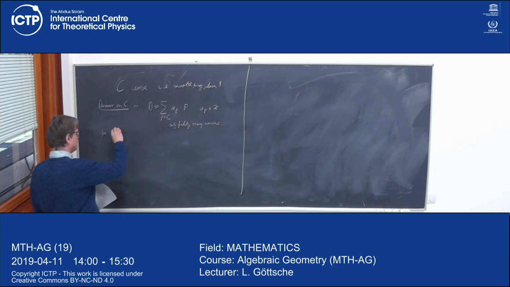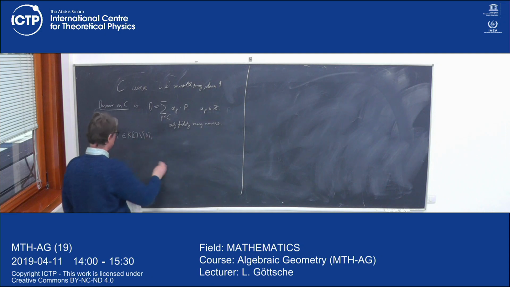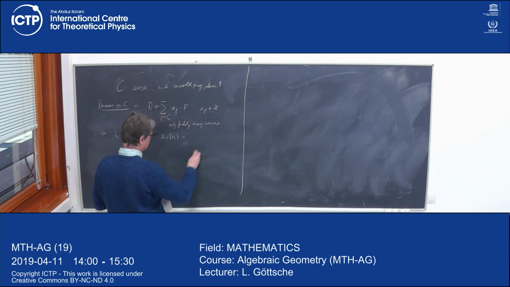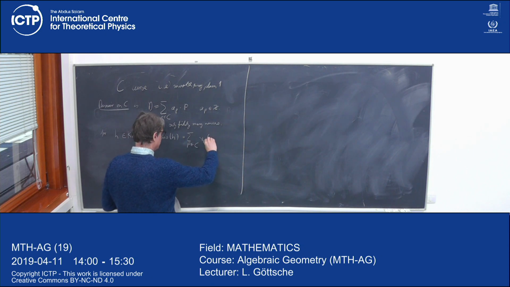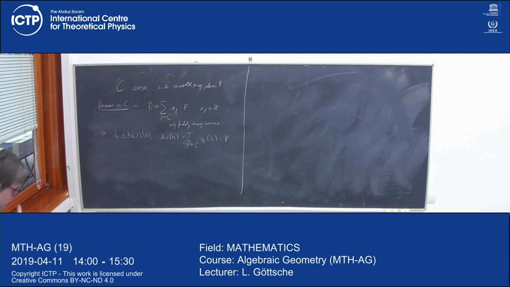So for H a rational function, we can define the divisor of H. This was just the sum over all the points P in C of the multiplicity at P of H times the point P. So we have a divisor associated to a rational function.